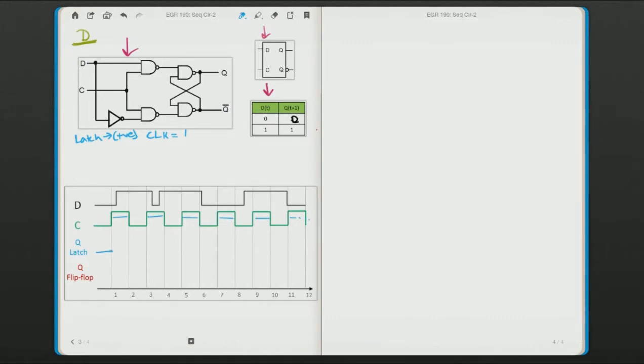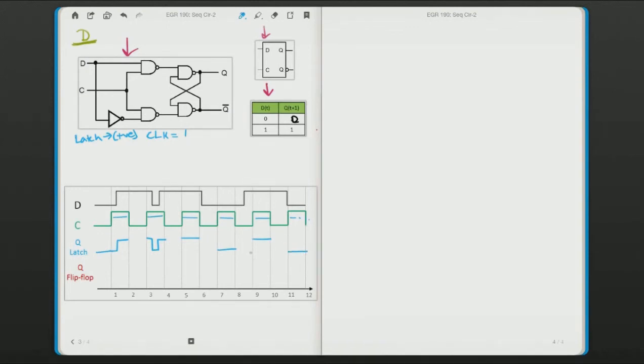So all I would do is during time 1 to 2, my input is changing like this, right? So just paste that, and similarly come to time 3 to 4, my input is changing like that. So I would just copy and paste the input during that time. During 5 to 6, it is logic 1. During 7 to 8, it is logic 0. Okay, and during 9 to 10, it is logic 1. During 11 to 12, it is logic 0. That is step 1.